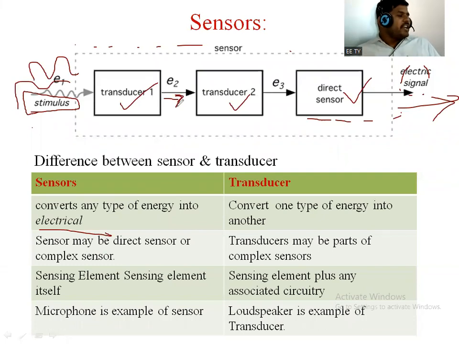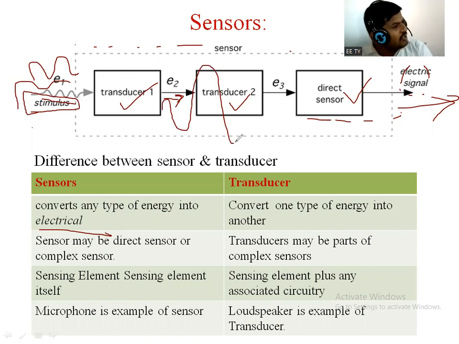Suppose it will be converted into a digital signal, or into a high level signal. Suppose this is a low level signal, it can be converted into a high level signal. Again, it is nothing but conversion of one type of energy into another, but it will not convert directly from non-electrical to electric.